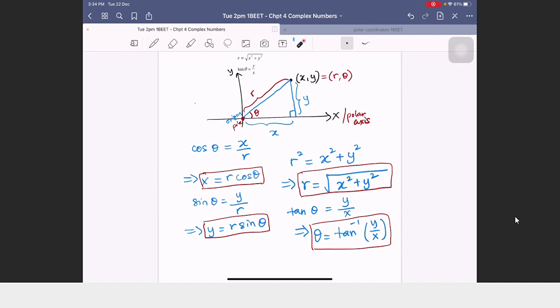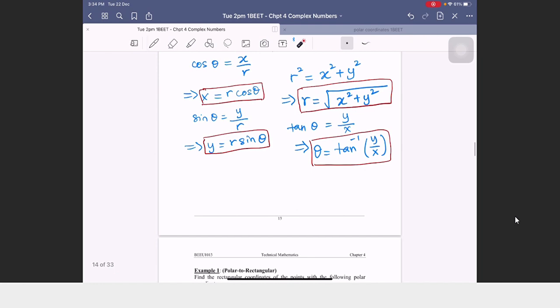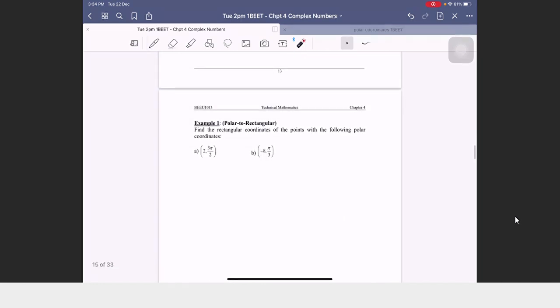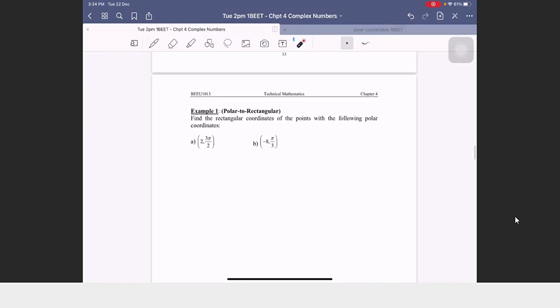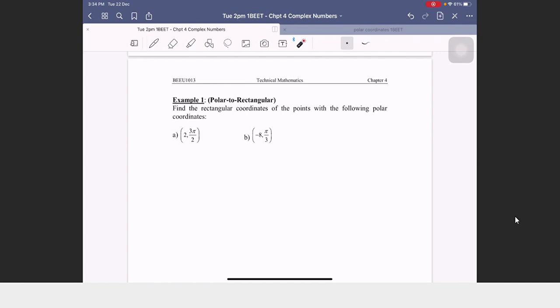So you are using this a lot. All right, let's look at some of the questions where we are going to use the conversion formulas, the formulas for the relations between the polar and rectangular coordinate systems. Let's look at this question now.